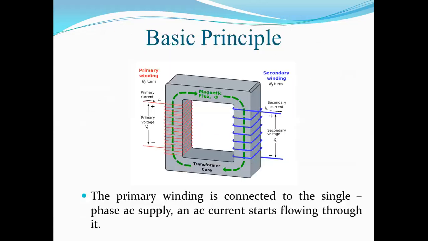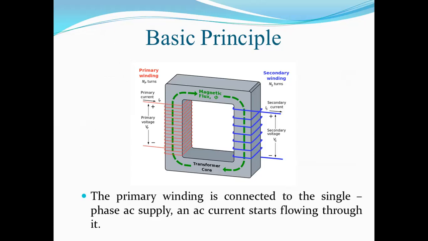Now the basic construction of a transformer. It mainly consists of a magnetic core, which provides low reluctance for the magnetic flux. The core is made up of silicon steel laminations to reduce eddy current losses.